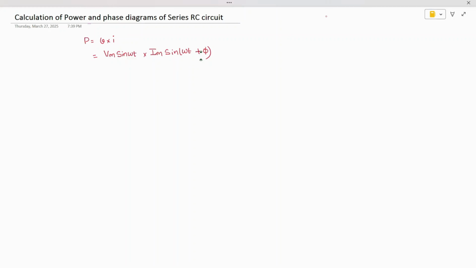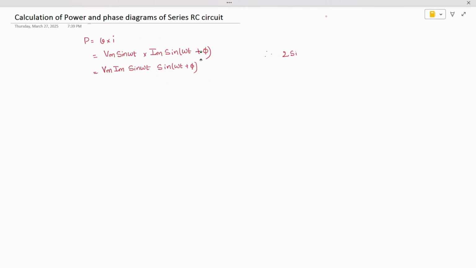So when you see this expression, I'm taking the voltage as well as current separately. Then I'm going to get sine omega t as the first term, and the other term is sine of omega t plus phi. So to establish a relationship between these, we have a basic trigonometric formula.